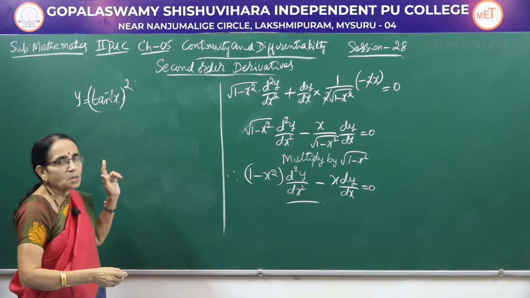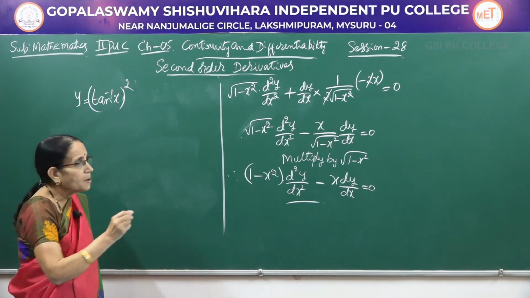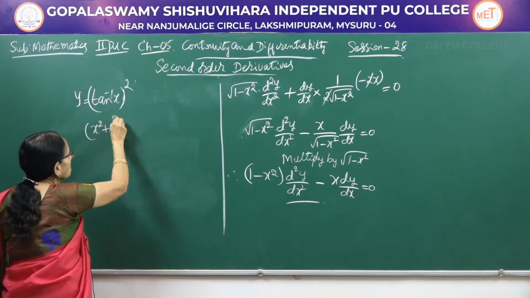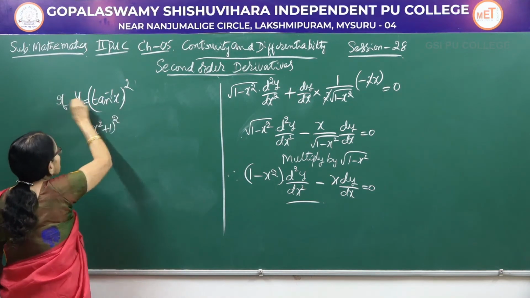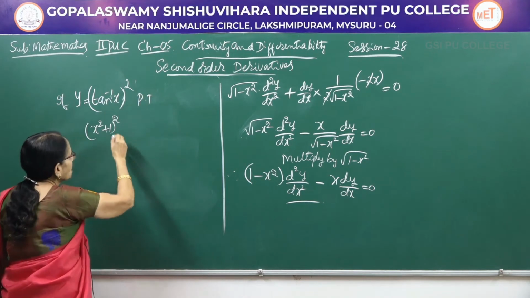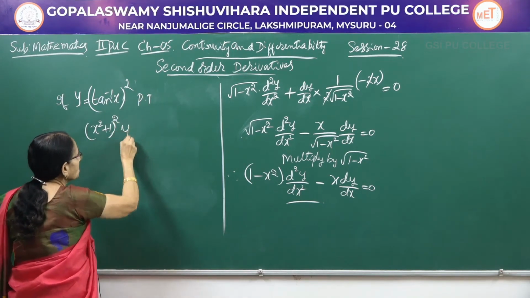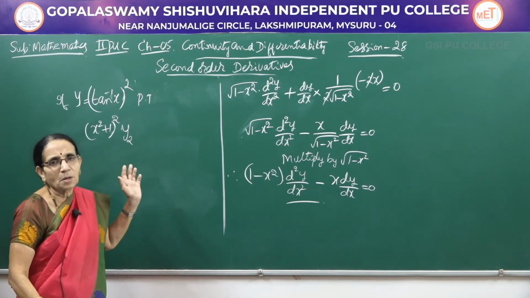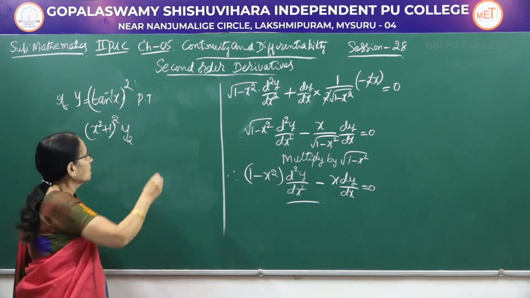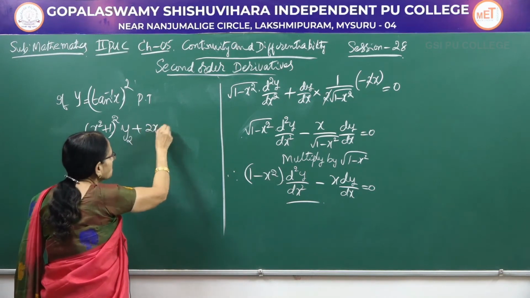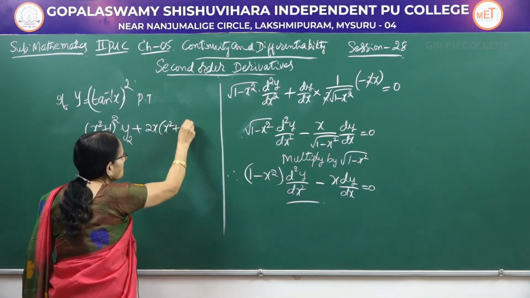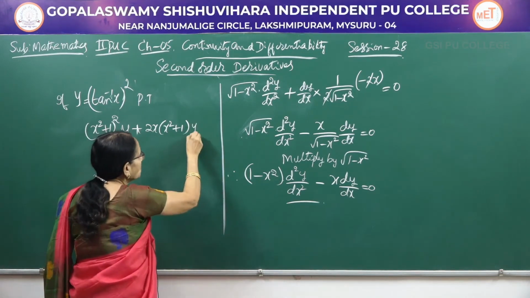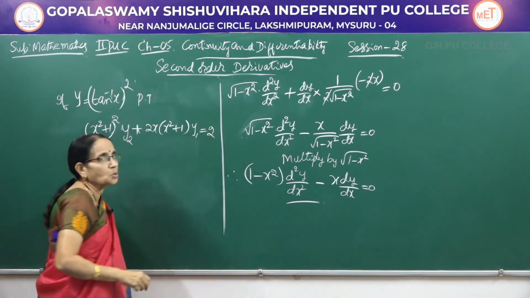If y equals tan inverse of x the whole square, prove that x square plus 1 the whole square into y2, I have given this notation y2, y double dash, any notation can be given, plus 2x into x square plus 1 into y1 is equal to 2.